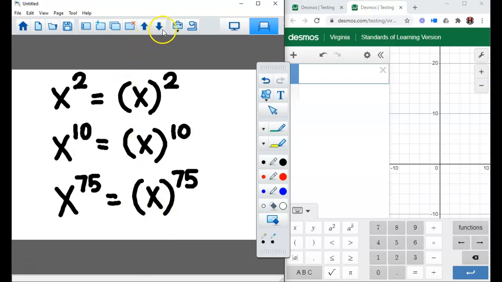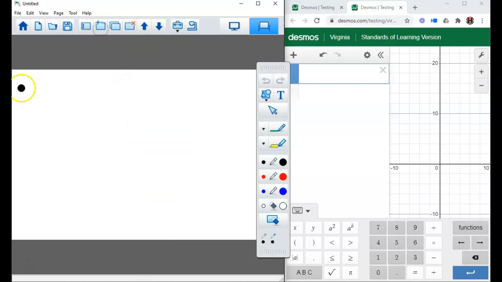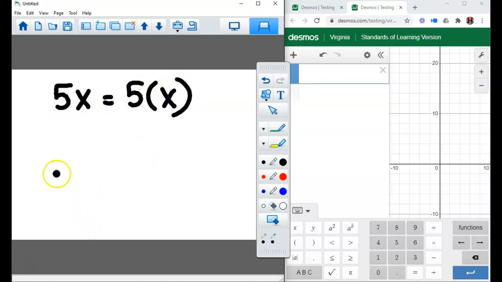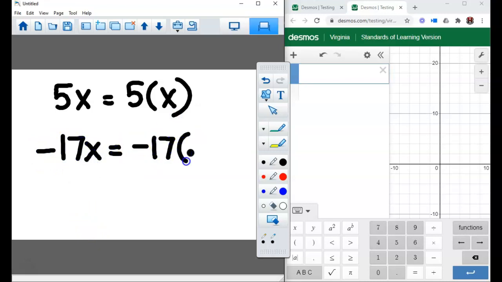So if we want to get these right on the calculator, this is one of the times that we absolutely have to add parentheses. We also need to add parentheses when there is a number in front of the x, which is being multiplied by that x. So if I see 5 times x, I need to think of that as 5 parentheses x. That's how I need to write it. If I see negative 17x, I need to think of that as negative 17 parentheses x.